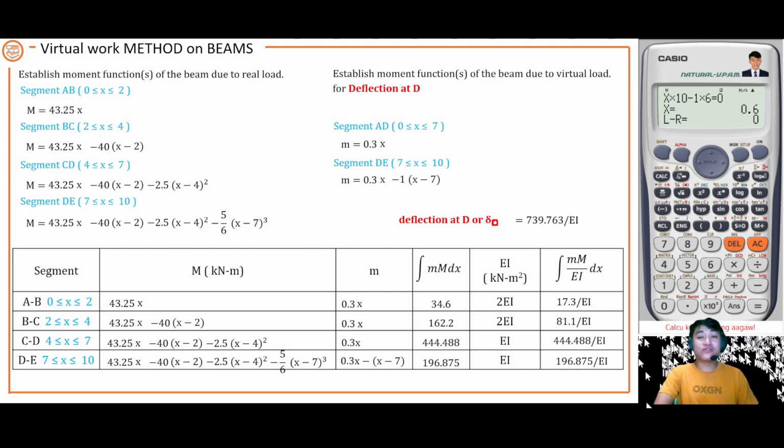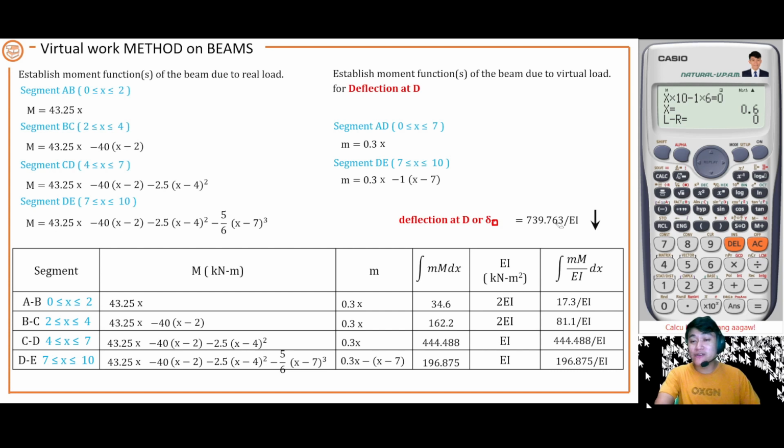Okay? So it's just a matter of creating moment function. So again, the moment function of your real beam, one time mo lang siyang gagawin. However, for virtual load, ulit-ulit siyang gagawin as long as you solve a slope and deflection at a certain point. Okay? So, anyway, the deflection here is downward because we apply a downward concentrated load.